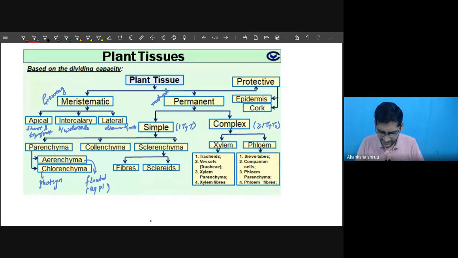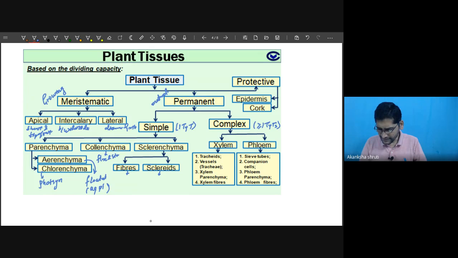Next one is collenchyma. It is for bending or flexibility and strength, meaning bending without breaking. Then sclerenchyma, it consists of the fibers. Another is sclereid. So these fibers give the protective or the outer boundary of the plant, like the bark.